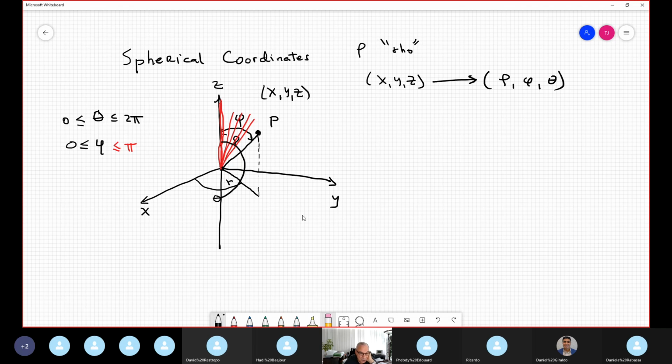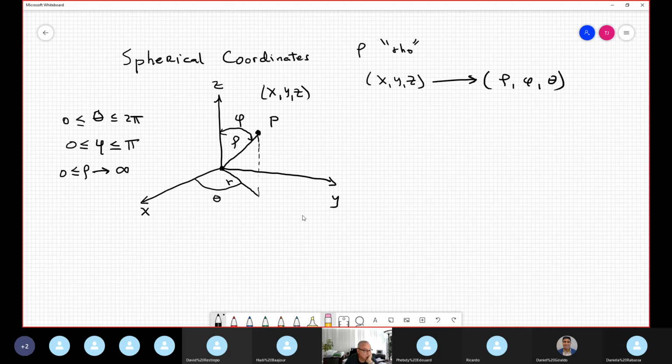This is the range of phi from 0 to pi. And rho is no angle, it's a segment. So rho varies from 0 to infinity.